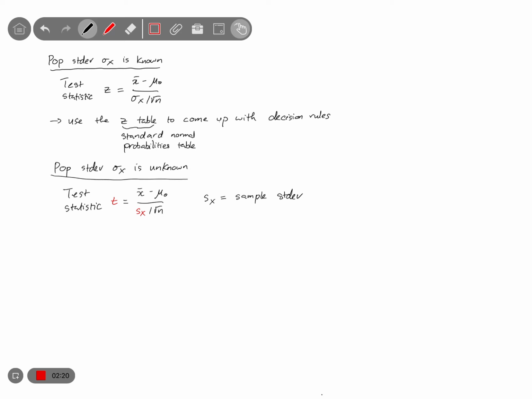And instead of using the z table, we're going to be using the t table with n minus 1 degrees of freedom to establish the decision rules.